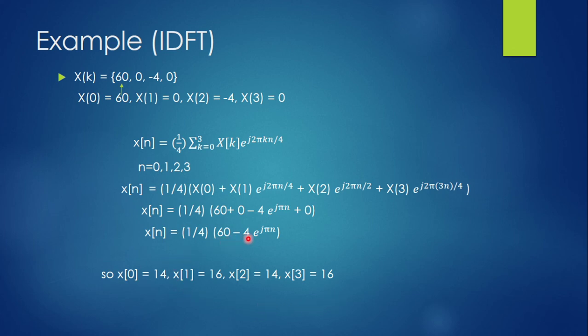You put 0 over here, e raised to power 0 is 1. So this is 60 minus 4. That is your 56. 56 divided by 4 is 14. This is the way to find the x0. Similarly, you can find all other samples, putting the value of n as 1, n as 2, n as 3.